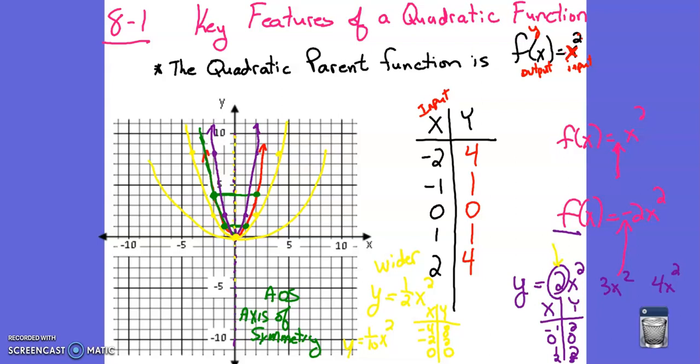It's all based on how it compares to the parent function. So I'm going to ask you how certain functions compare to the parent function: it's wider, or it's thinner. That's something you need to notice compared to the parent function.